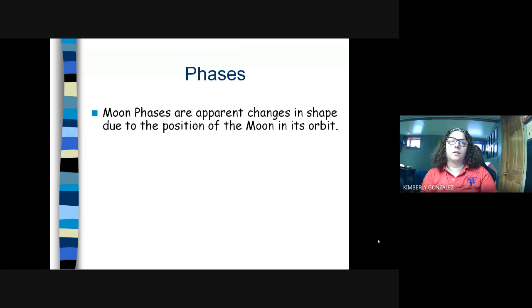All right, so what are the phases? They're the apparent changes in the shape due to the position of the moon. It depends on the way that the light is being reflected off of the moon and then from our perspective on Earth.